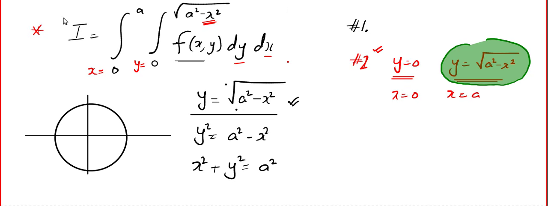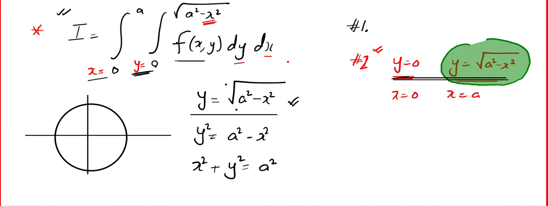So see, they have given an integral, and from the integral we identified the limits, and then we wrote the limits one by one. Now we are converting the limits into a picture. And one more very important thing, the inner limit belongs to y. That is, the person who made the question is using a vertical strip.